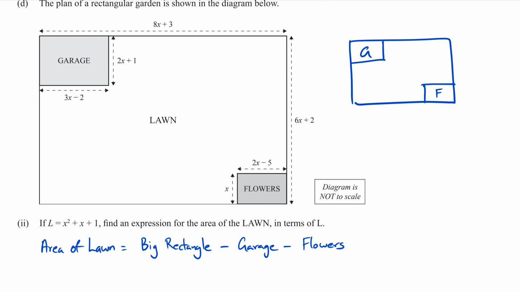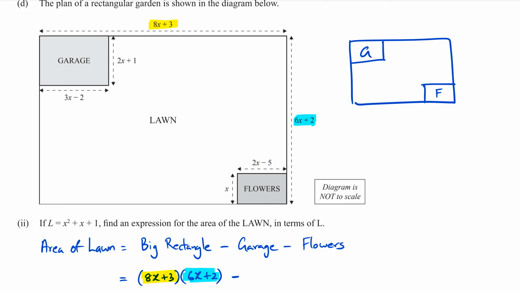So if we look at the big rectangle, that is 8x plus 3 times 6x plus 2, base times height, minus, now we're looking at the garage. So hang on, let me just put that base times height there. That was for the first one. Next, we have the minus the garage.